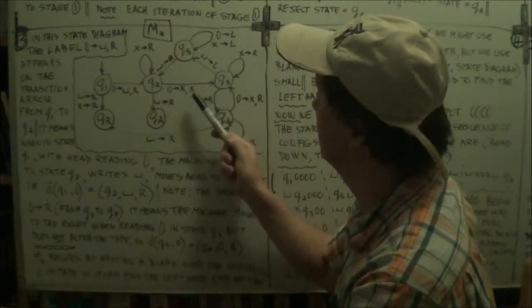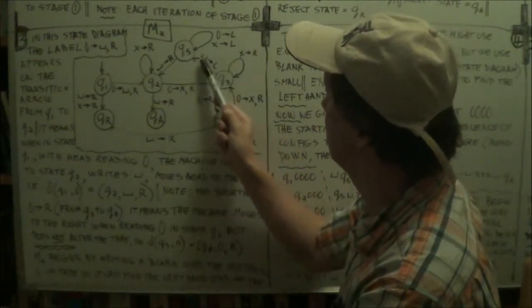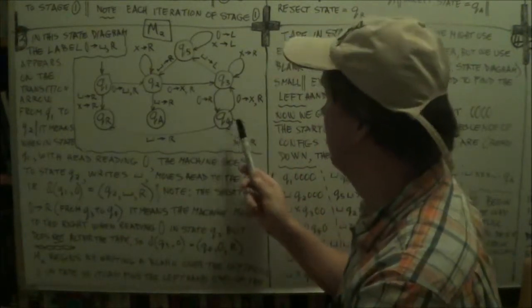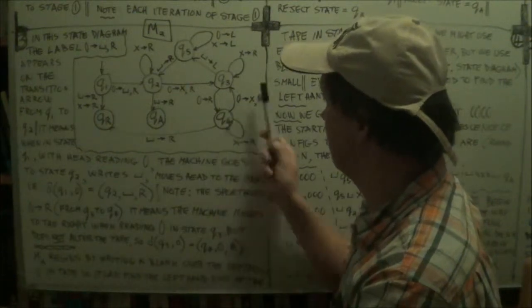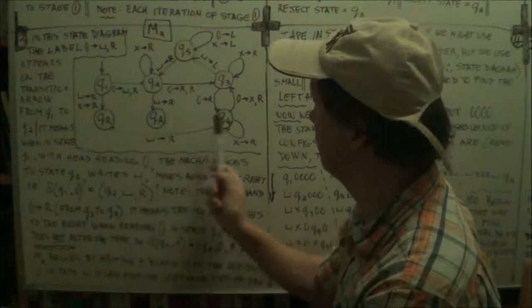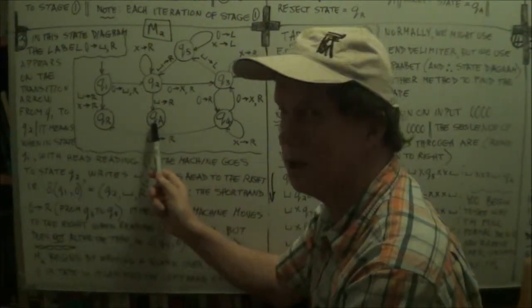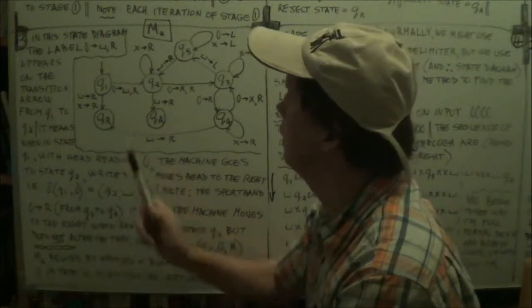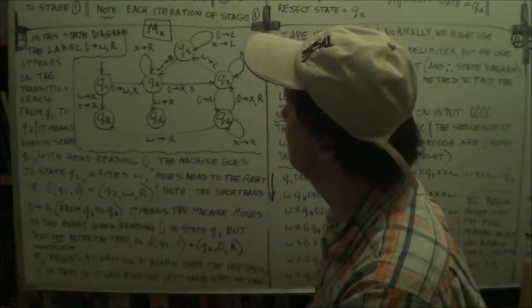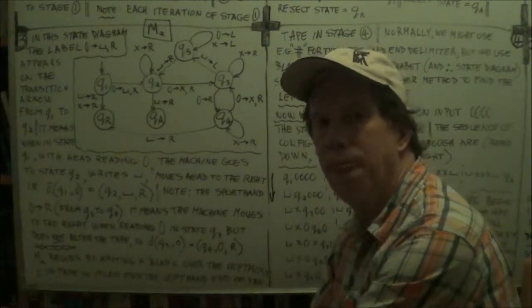X, 0, X, 0. Oh, blank. Yeah, they're covered. All 3: 0, X, blank. Well, there are no transition arrows from halting states, right? So that's normal. So it looks as though it's okay. So it looks as though that diagram is complete.